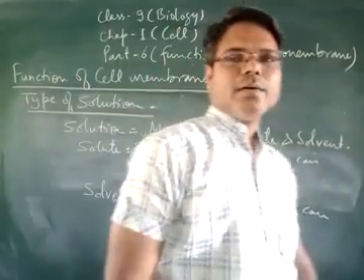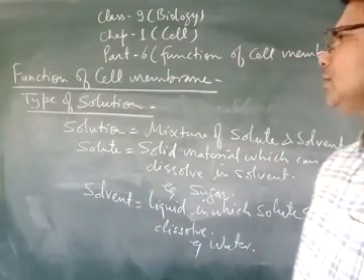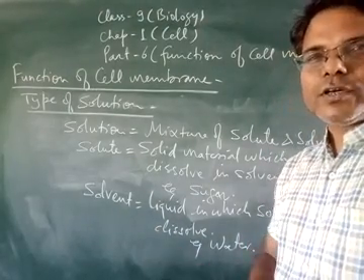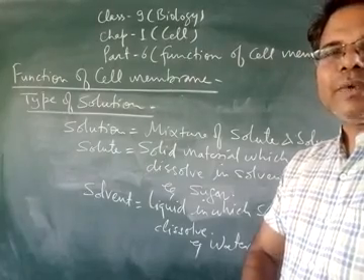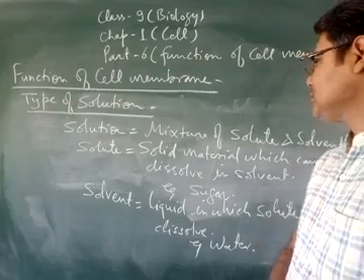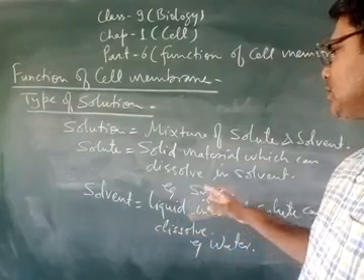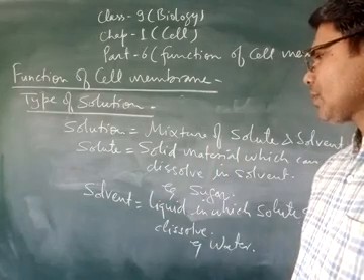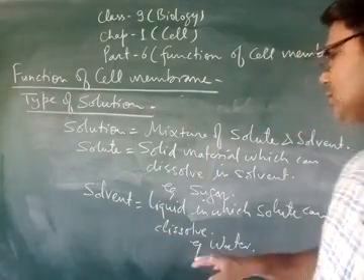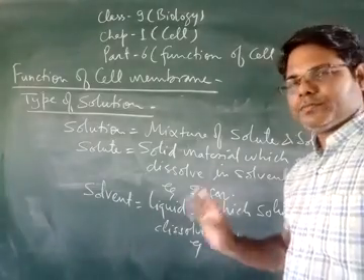So there are three different terms which are used in this function of cell membrane. Solution is the mixture of solute and solvent. Solute is the solid material which can dissolve in solvent. Solvent is the liquid material in which solute can dissolve.